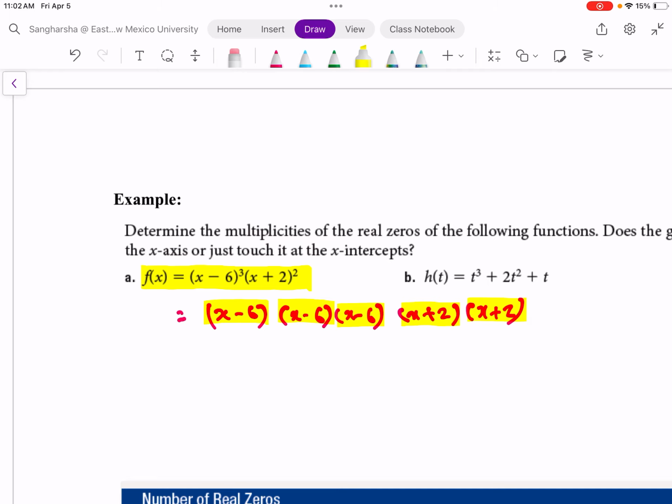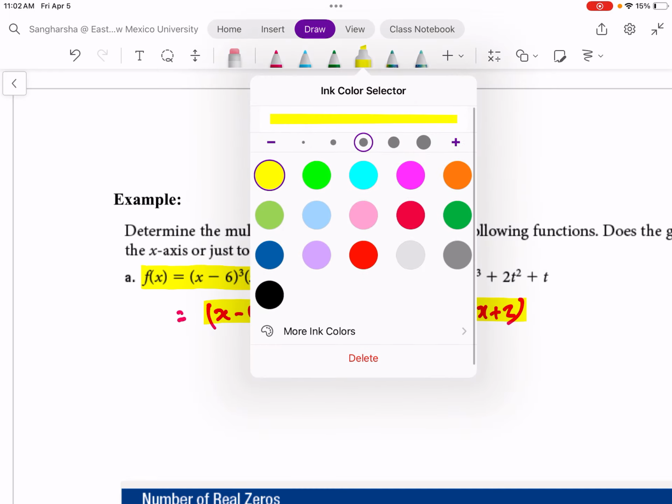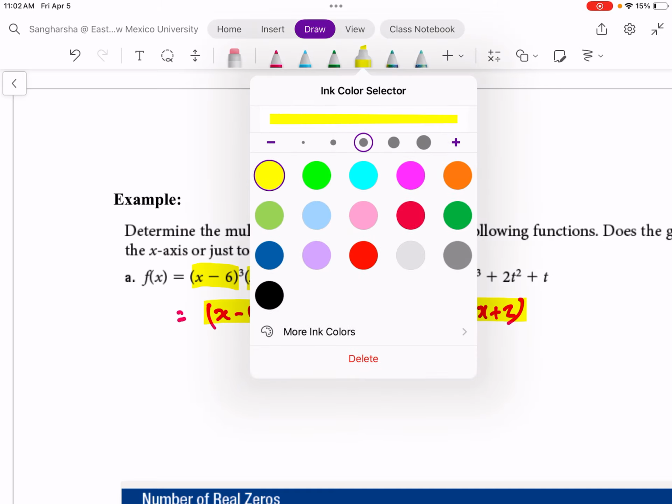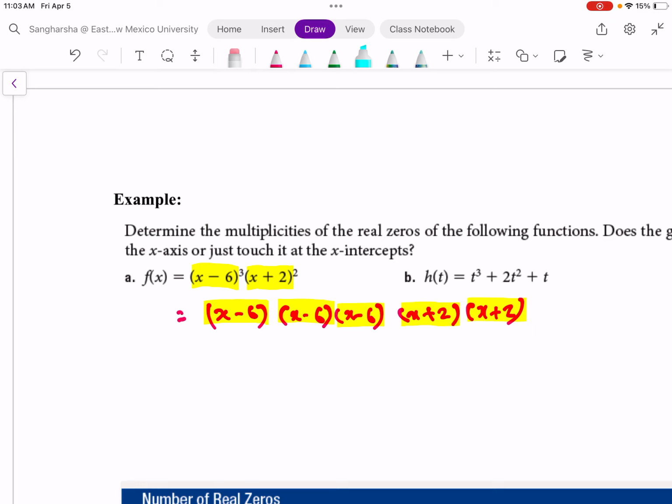So x minus 6 is a factor of this function, and x plus 2 is a factor of this function, and these factors are repeated. These 3 and 2 are the multiplicities. Multiplicity is the number of times a factor is repeated, or the exponent of a factor.